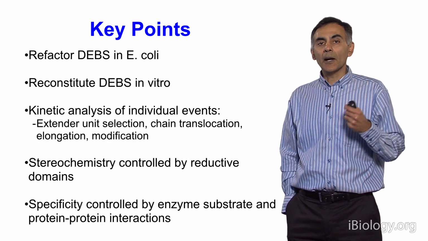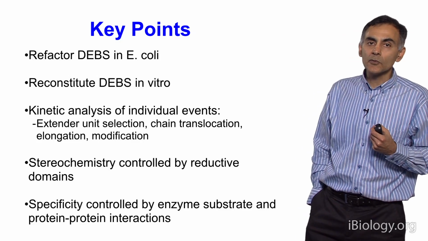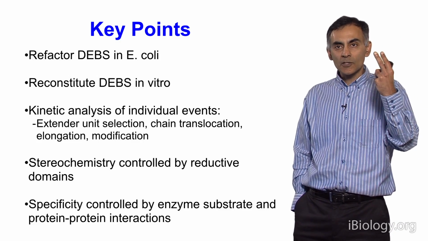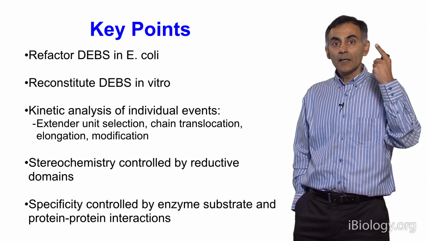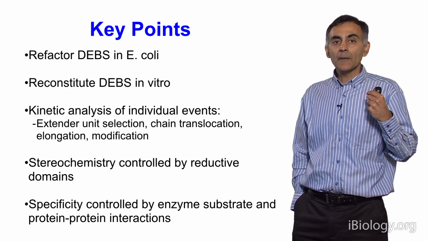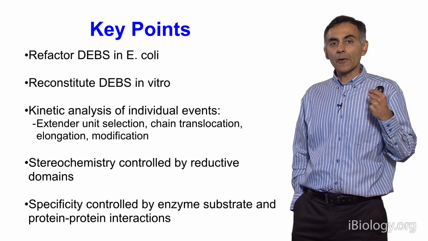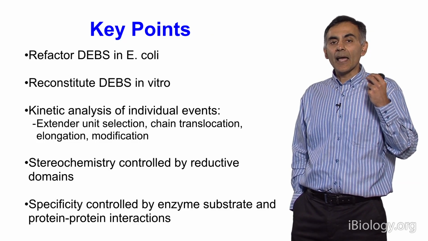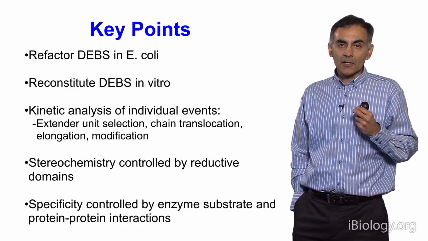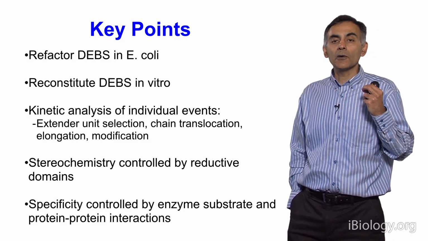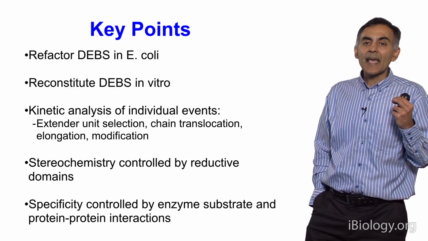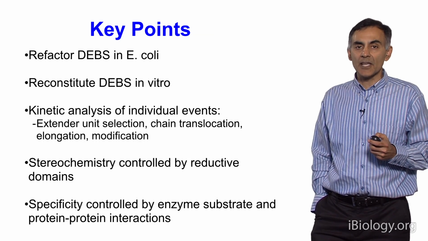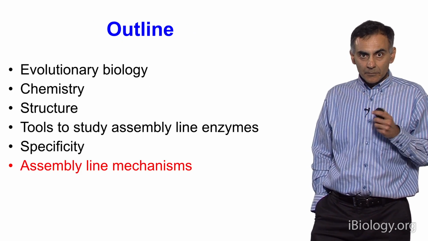We also talked about how these tools can be used to study specificity, and in particular, we talked about two types of specificities. Stereospecificity. I mentioned that stereochemistry is controlled by reductive domains, as well as extender unit specificity. And I mentioned over there, you not only have enzyme substrate recognition, but also protein-protein recognition.